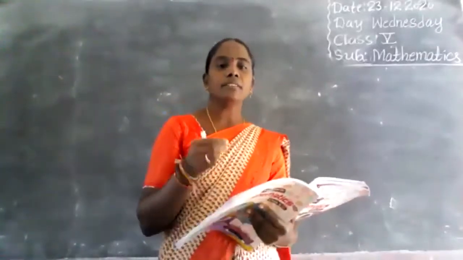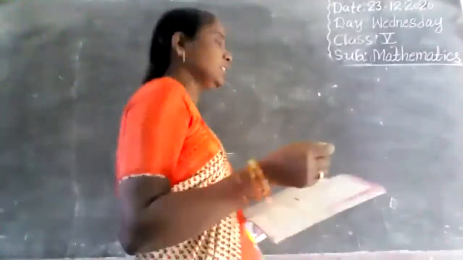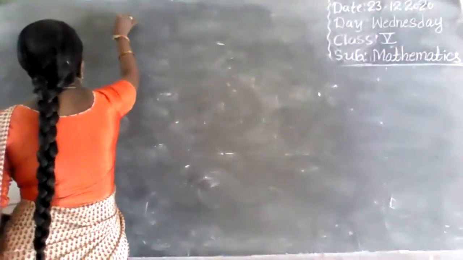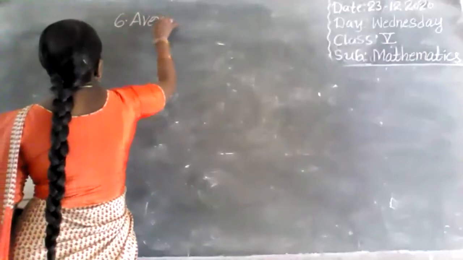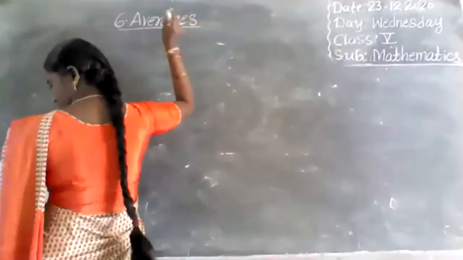I am explaining an example problem, children. Okay, I am taking one example. Unit 6, average.